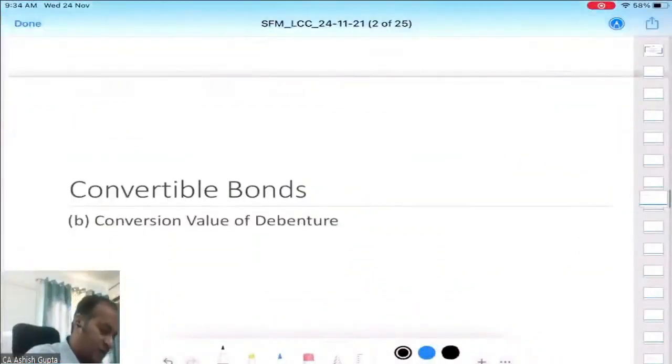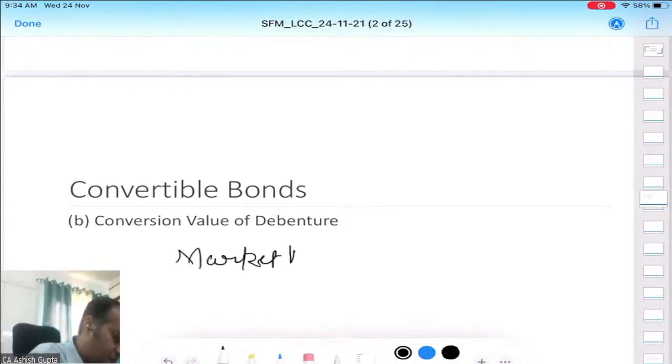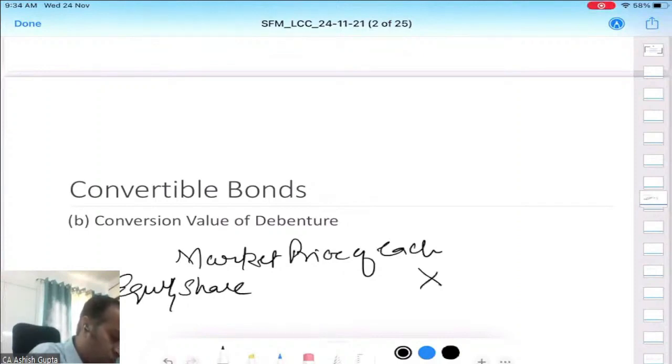Conversion value of the bond or debenture. I am just writing down the formulas and we shall discuss them later; I will show you by way of a diagram. The conversion value is the market price of each equity share into the conversion ratio.